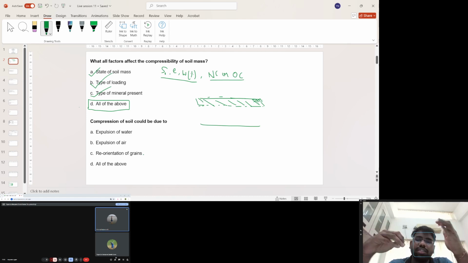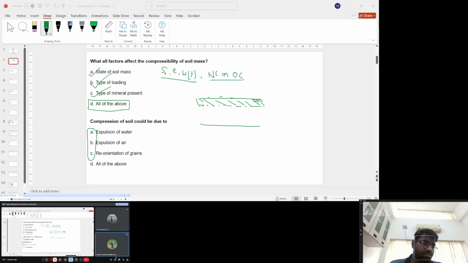In those cases, the voids that are present will get changed, which in turn results in reorientation of the grains. All right. So the compression of the soil eventually could include all the three options. Any doubts? Fine. It's fine, right? So let us move to the next question.